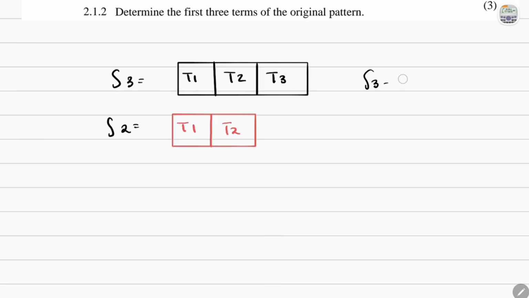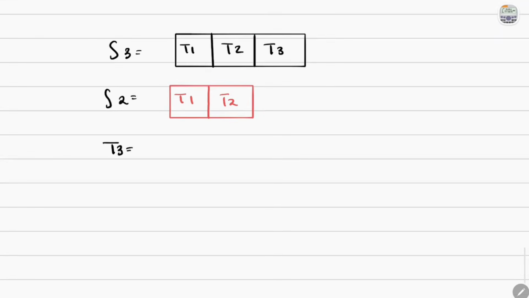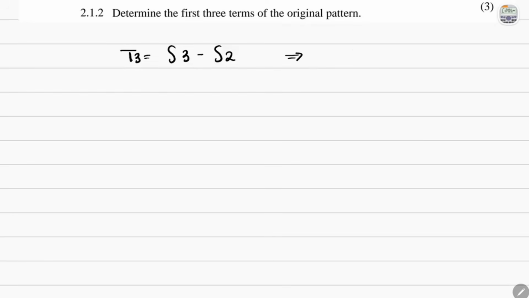And so this is a way to find the third term. The third term would be equal to the sum of three terms minus the sum of two terms. If you take all of that, you're only left with the third term. So the general formula for finding a term is the sum of that amount of terms minus the sum of the amount of terms that are just one less than that.